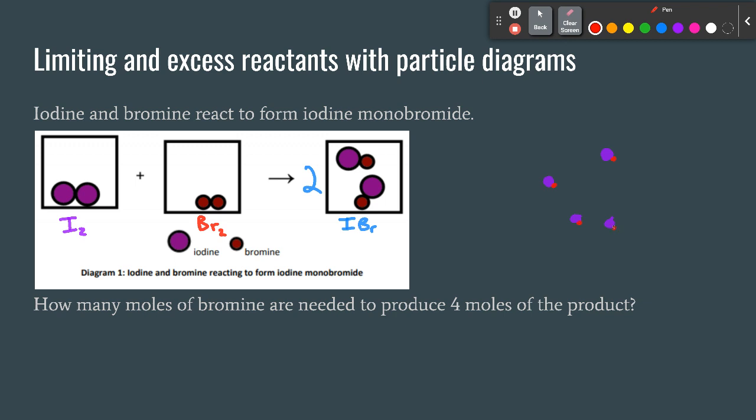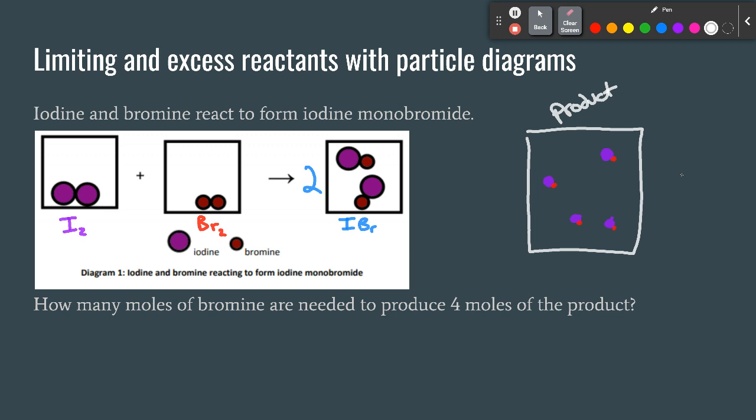So if I have 4 IBrs, how many moles of little red circles do I need to put into this? How many moles of Br2 do I need to put into this? So if this is my product with 4 moles of product, how many of the Br2s do I have to put in?